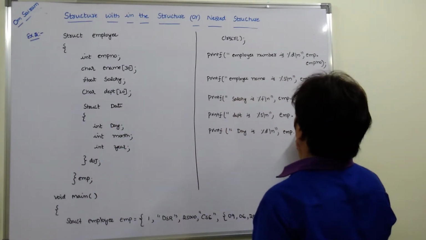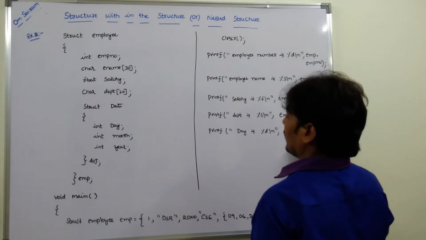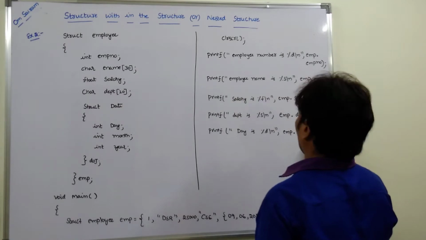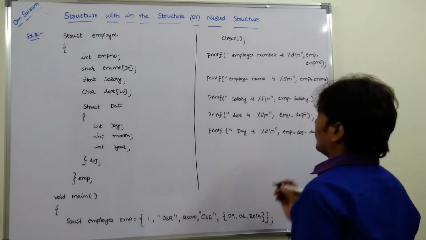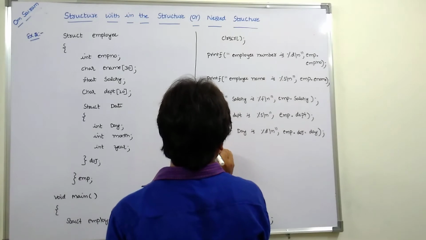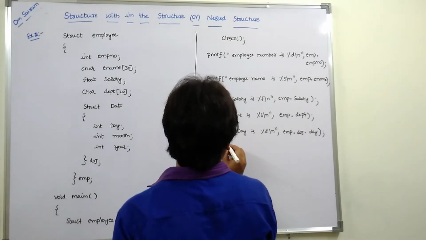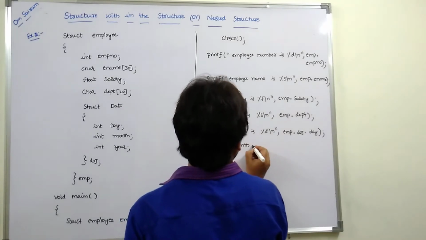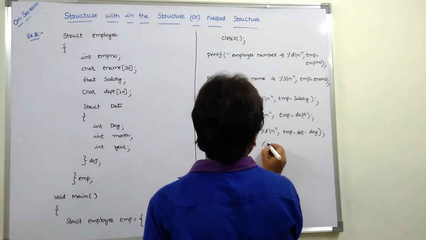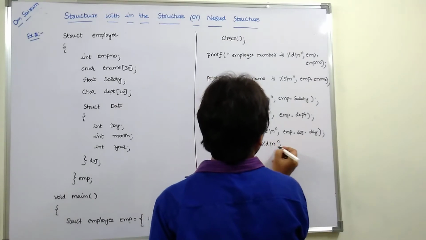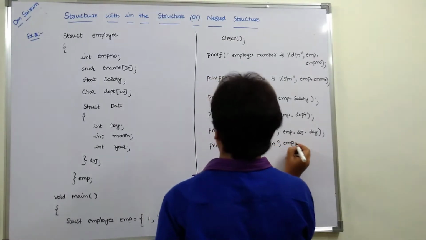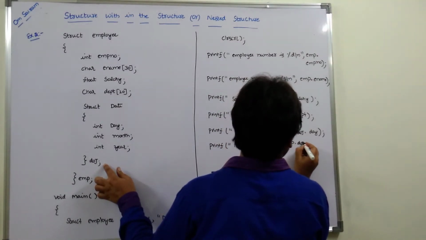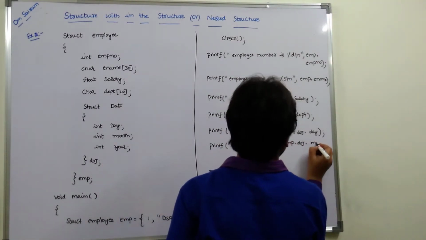Next, printf month is percentage d, slash n, double quote sign, emp dot doj dot month.